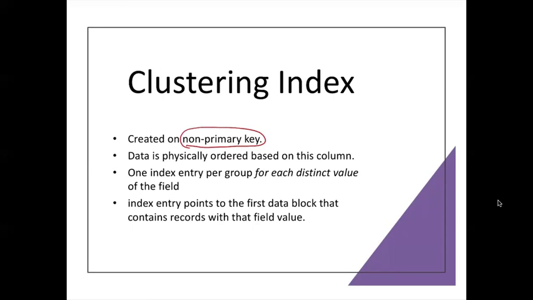There is one index entry per group for each distinct value of the field. Since this is a non-primary key, I may have repetitions. And the index entry points to the first data block that contains records with that field value.